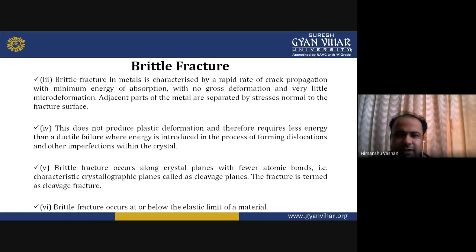Because the crack propagation is very fast, it does not require much energy. So less energy is absorbed compared with ductile failure. Ductile failure also requires energy, but it requires more energy than brittle fracture.